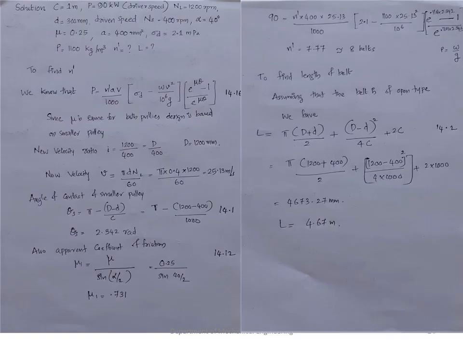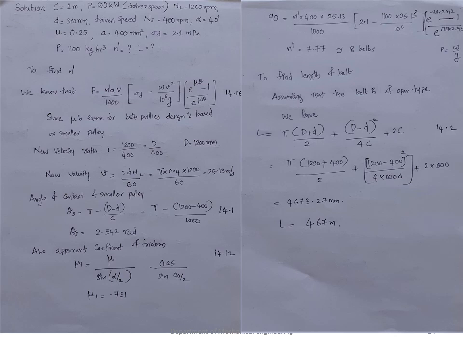For finding the solution, we have some given parameters: center distance, power P, N, small d, N_s, alpha, mu, a, sigma d, rho. We have to find n dash, the number of belts, and L, the length of belt.